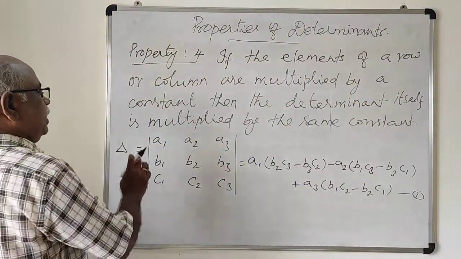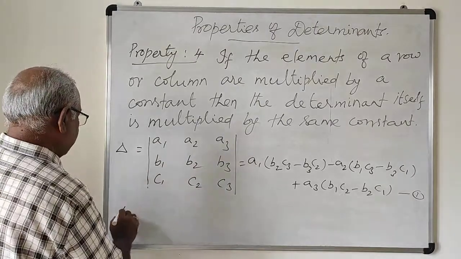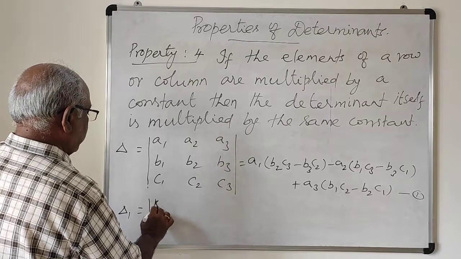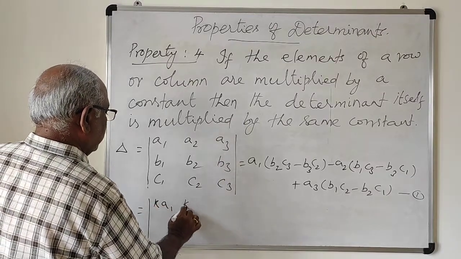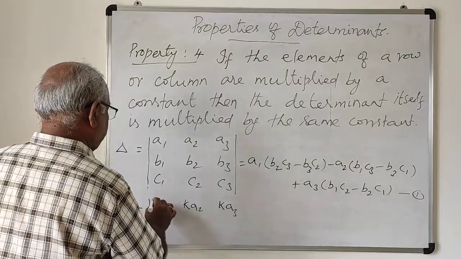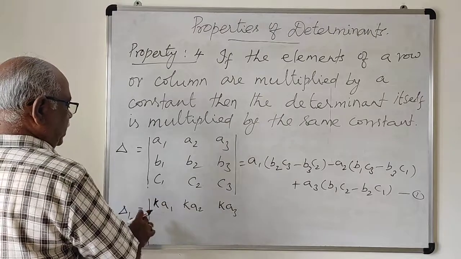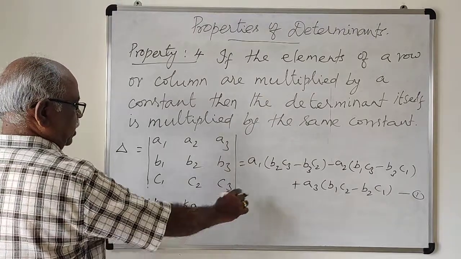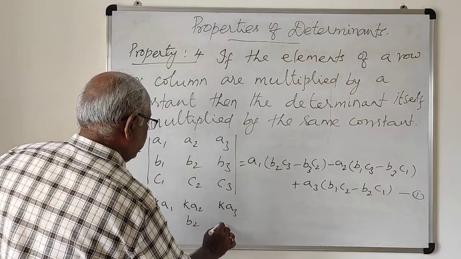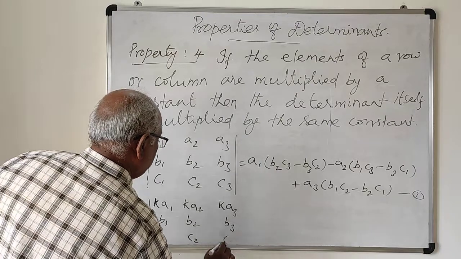Now I am multiplying the first row elements by a constant k. Then I call it determinant delta 1: Ka1, Ka2, Ka3. Second row is B1, B2, B3, and C1, C2, C3.